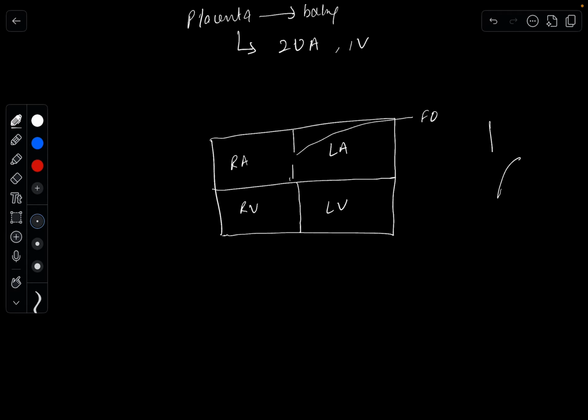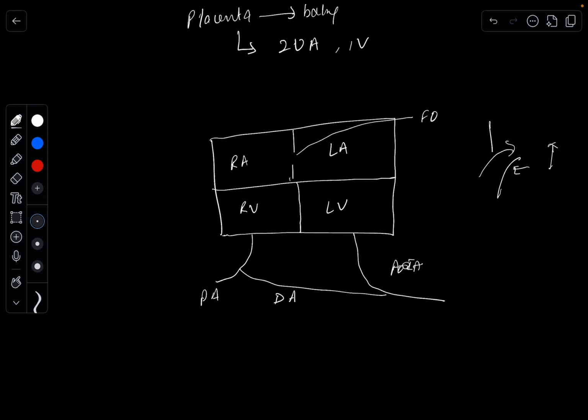As long as right atrial pressure is more than left atrial pressure, the blood will flow. If and when the left atrial pressure increases, this will close. Okay. Just keep it at that. Right. The pulmonary artery is connected to aorta with ductus arteriosus.